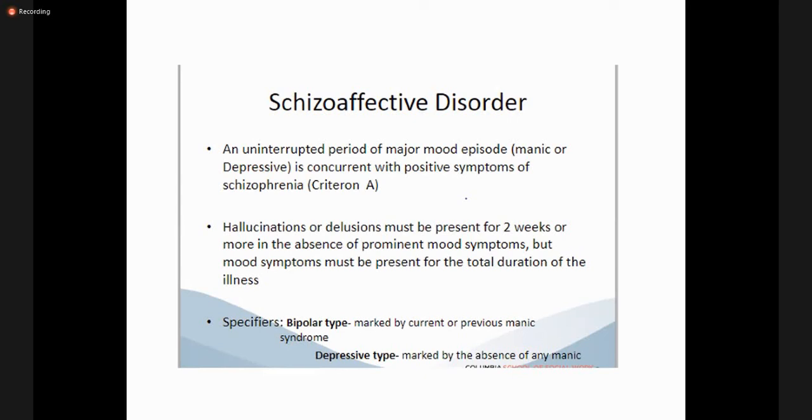So remember that to diagnose positive symptoms of schizophrenia, there is a particular criteria. There is a particular type of psychotic features which they should have. Whereas in a major depressive disorder with psychotic features, the patient will have mood symptoms, severe depression, along with hallucinations or delusions which are mood congruent. They're in accordance with their mood. They're depressive.